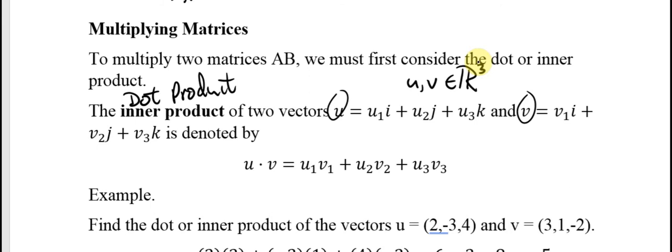So when we do the dot product of u and v, it just becomes u sub 1 times v sub 1 plus u sub 2 times v sub 2, and then plus u sub 3 times v sub 3. So after the dot product, that result is just a scalar, right? So the dot product is no more a vector. Its result just gives you a number.